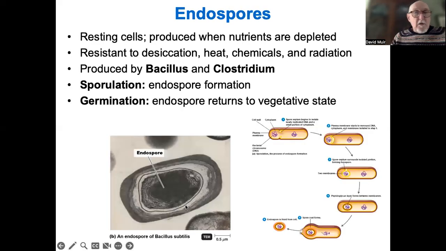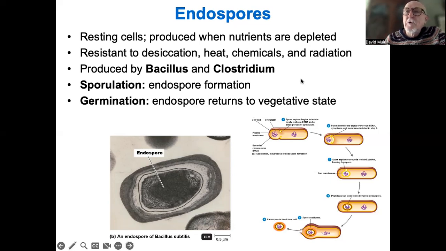Here is one inclusion which is highly specialized, and this we did not discuss. I think I mentioned it in our first week, but it bears further discussion because these are the endospores.